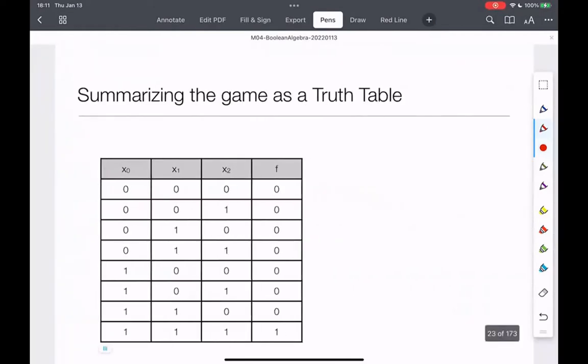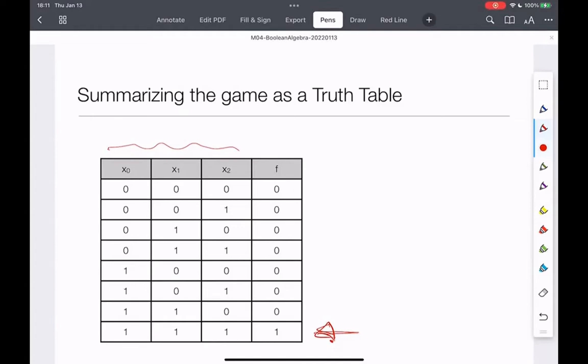Okay, so we can take this game view of things and again summarize it as a truth table, the like of which we saw before. In this case, again, 3 inputs, so 3 columns corresponding to the input and output, and then only the final combination corresponds to output being 1, all the others are 0.